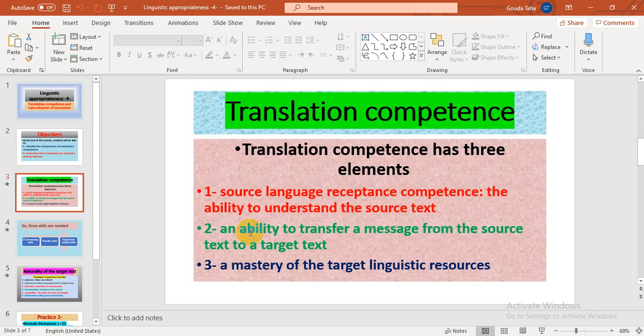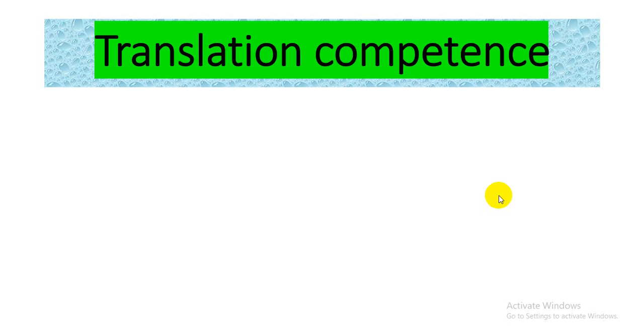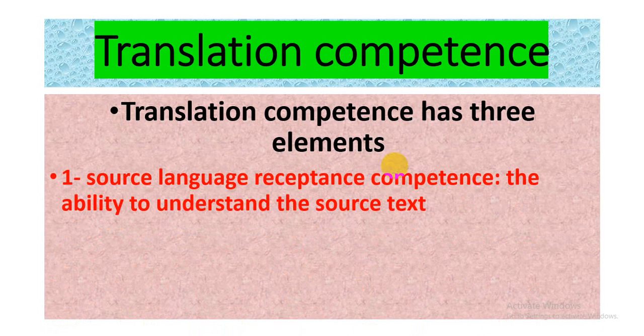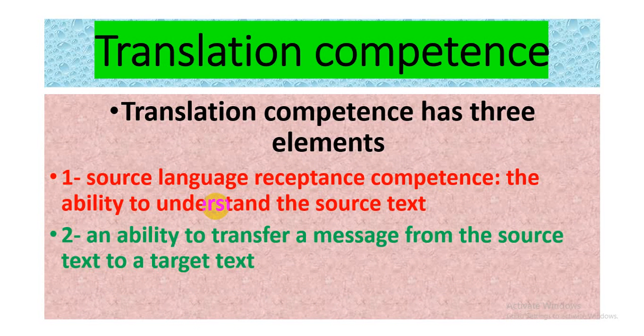So, translational competence, in fact, has 3 main elements. These elements are: 1, a competence of understanding the source text, to understand its content and to identify its problems, its text type, and its formality level.